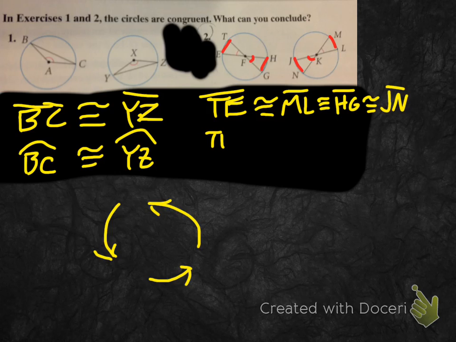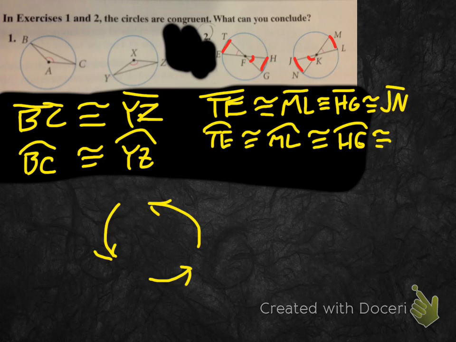Not TH. We have arc TE. It should be basically the same thing that you had written up here, except now instead of putting the segment symbol, you're putting the arc symbol, right? So HG, which is congruent to JN. Okay, so that's kind of how that works. That's how we can conclude some things. Looking at the one given information, they can give you more from there.